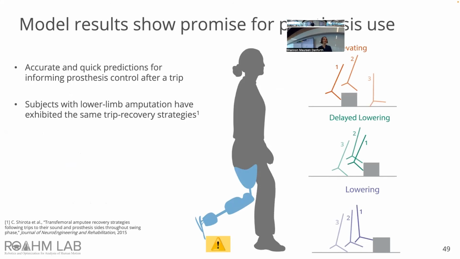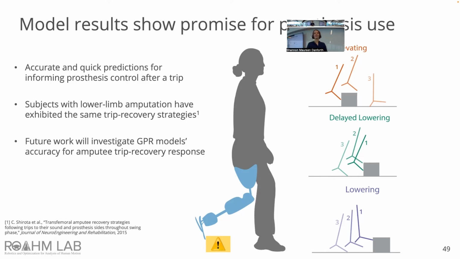Of course, we developed this prediction model for able-bodied data from our trip experiment. Subjects with lower limb amputation have exhibited the same types of trip recovery strategies as we observed in our own experiment. However, future work will have to investigate the same model's prediction accuracy for this data of people with lower limb amputation tripping.